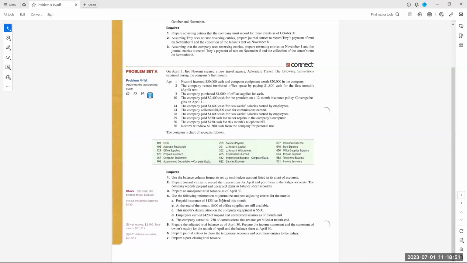From that, prepare another trial balance, and then prepare the financial statements and the closing journal entries. So that's this problem. So if you have this problem in your notes, this is a great study guide for the assignment for next week.